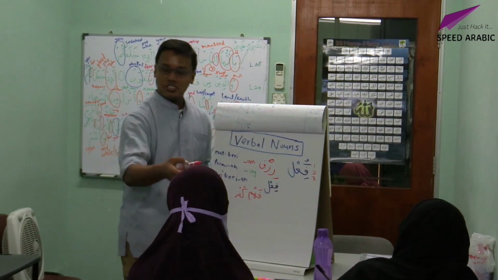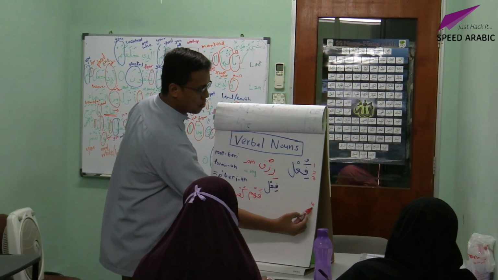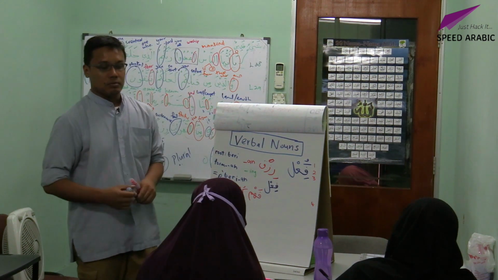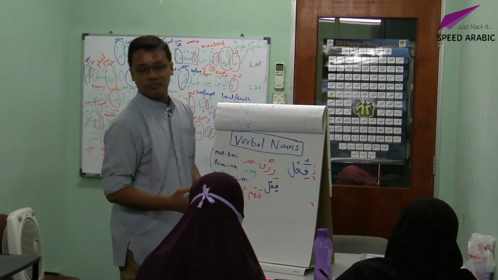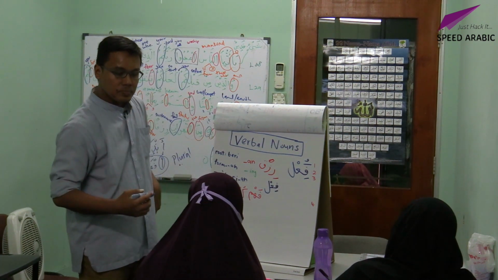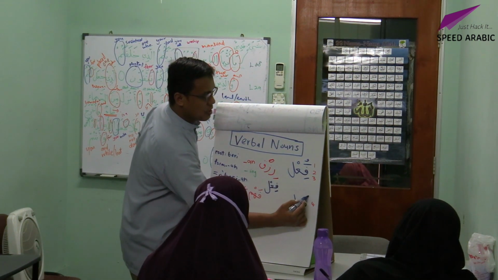Okay, give me another form which is a verbal noun. Can you read for me something there? Number 4. What about fa'al and fu'al and fi'al? Ada tak situ? Right? What number is it? Fa'al.